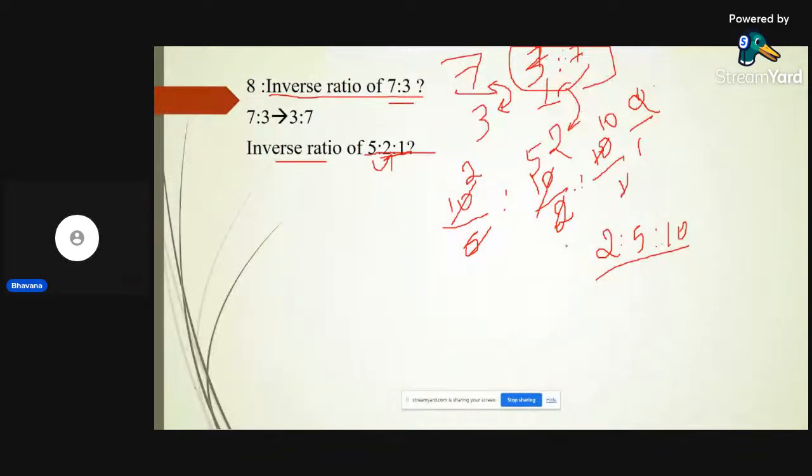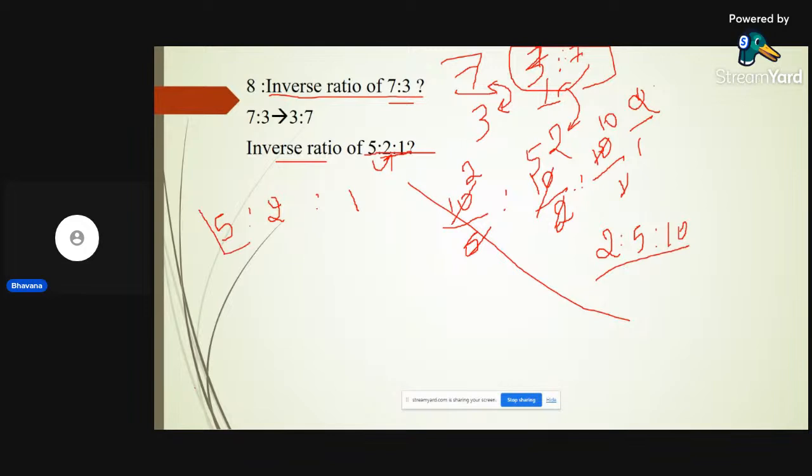Next, is there another method, where there is no need to find all those things? Just write 5 is to 2 is to 1.